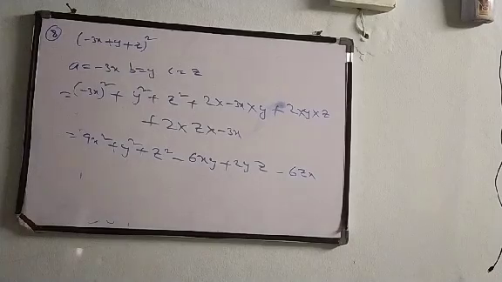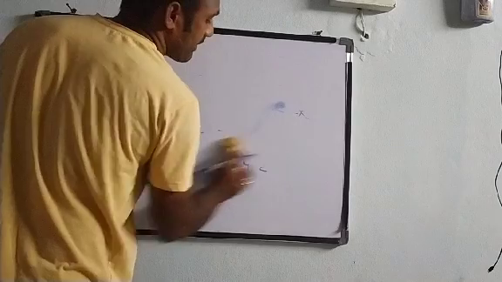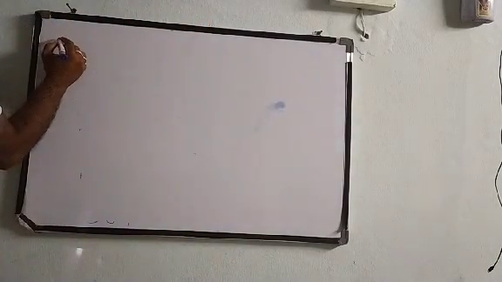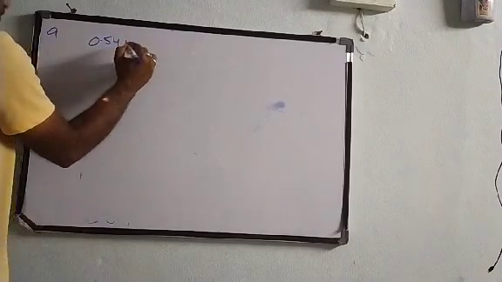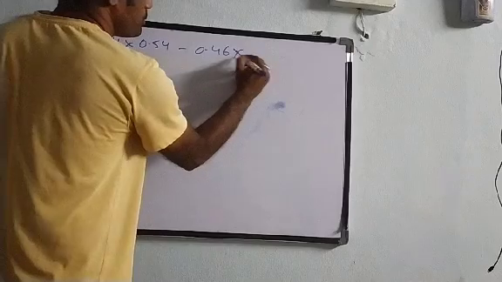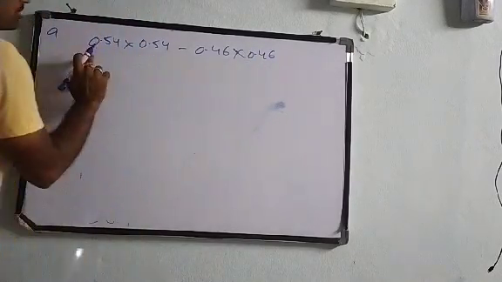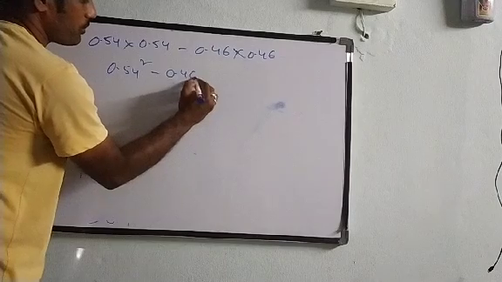Next, the 9th question. 0.54 into 0.54 minus 0.46 into 0.46. So this can be written as 0.54 square minus 0.46 square.